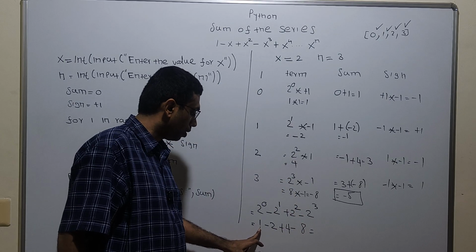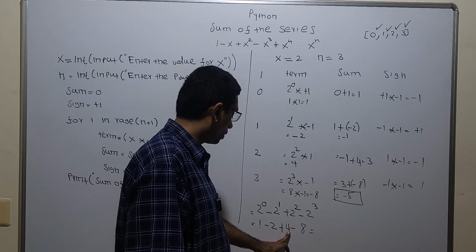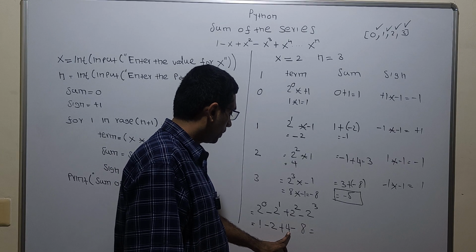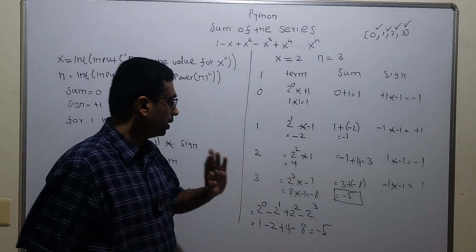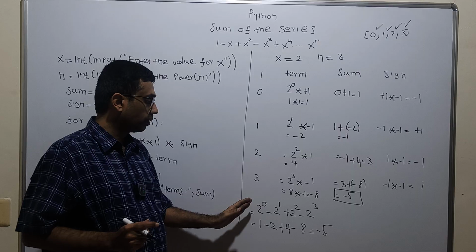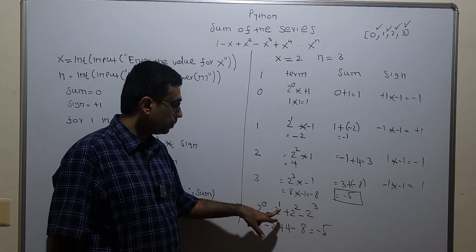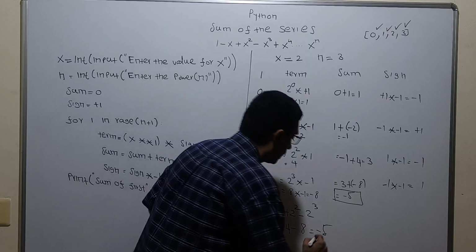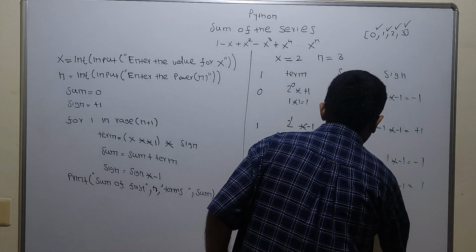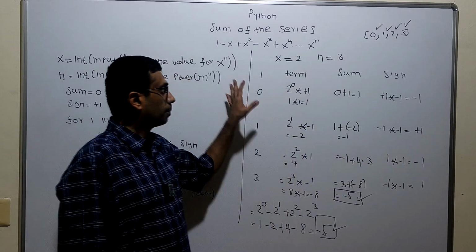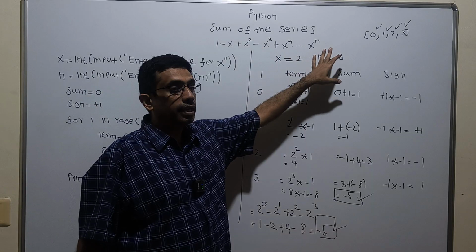That is 1 minus 2, which is minus 1, minus 1 plus 4, which is plus 3, plus 3 minus 8, which is equal to minus 5. So the value is correctly calculated. From 2 power 0 to 2 power 3 we are calculating. The sign is minus plus minus plus, the value is correct. So the physical calculation gives the same value as the program output. The program will work perfectly for any x and n value.